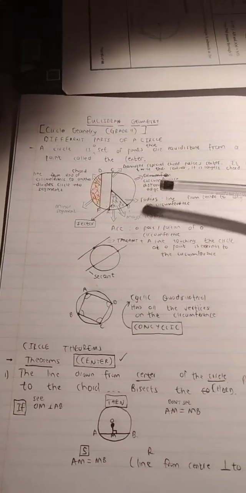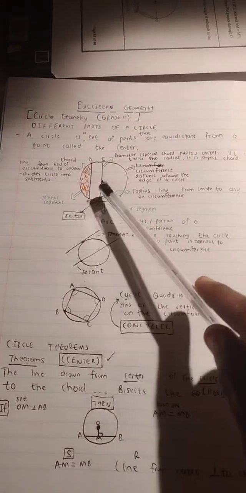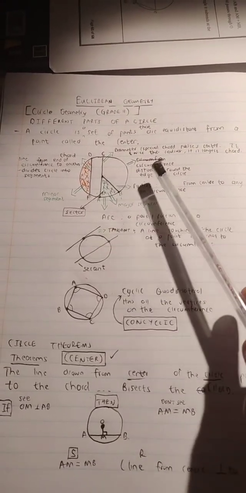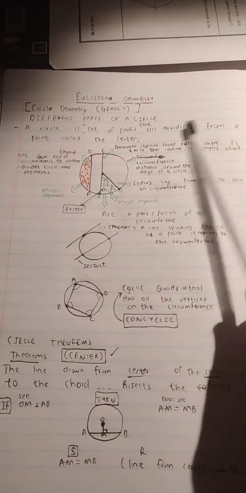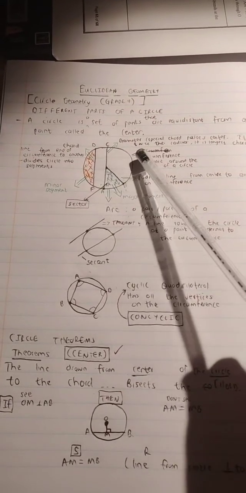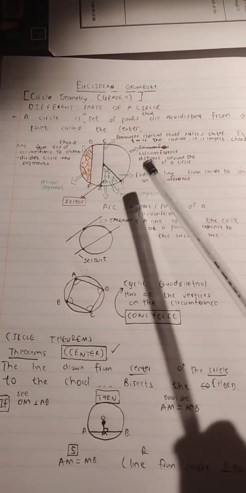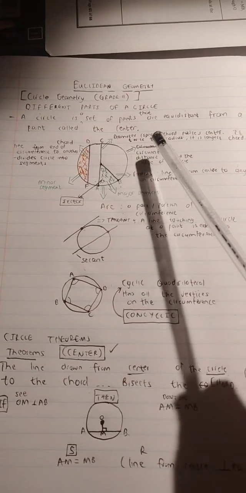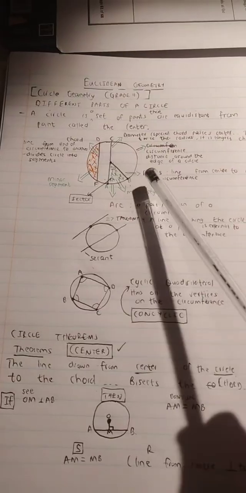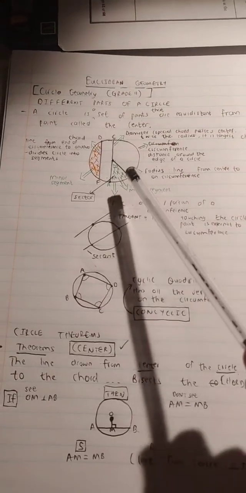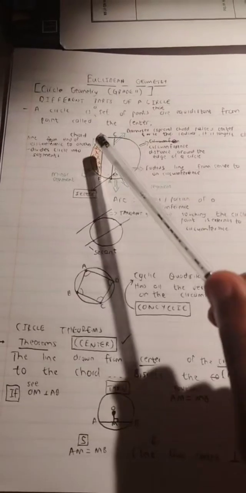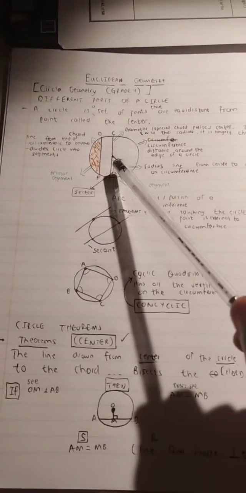Okay, so these were the notes we looked at in the beginning, where we were defining various things. At the very beginning of the lesson, I defined what a circle is. We defined what a center is, what a diameter is, what a circumference is, what a radius is, what a major segment is, what a minor segment is.